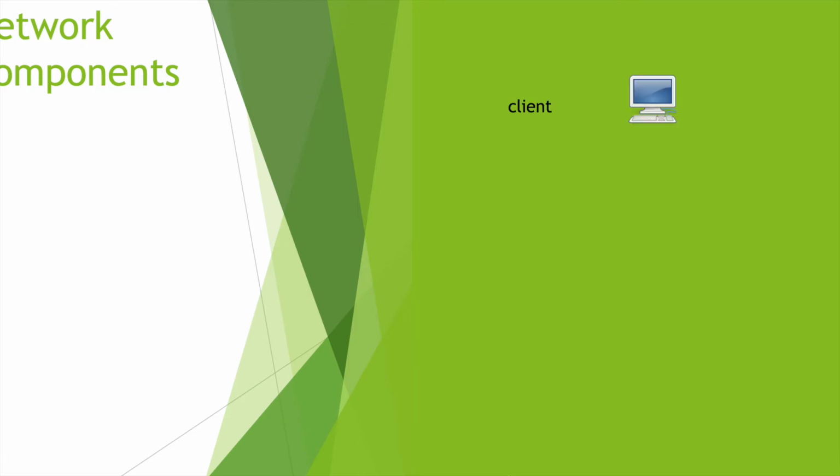First is the client, or you can say PC or workstation. It is known by different names. The second component of the network is the server. It's basically the same concept as a workstation or PC, but more powerful.